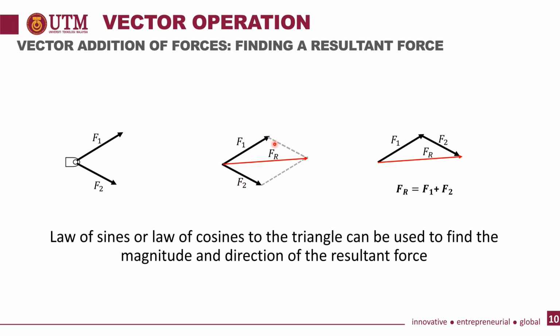When you put F2 here, it becomes a triangle of F1, F2, and the resultant force. From here you can find your resultant force by using the law of sines or law of cosines.